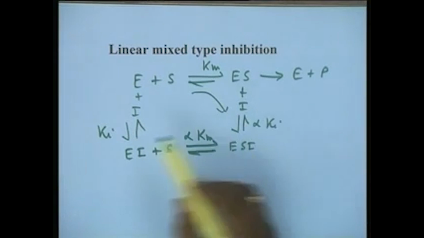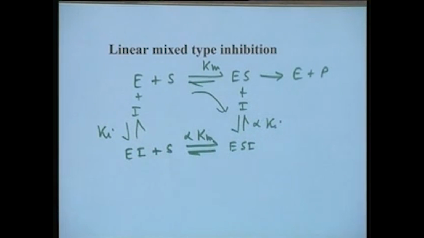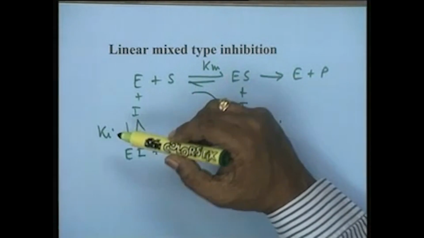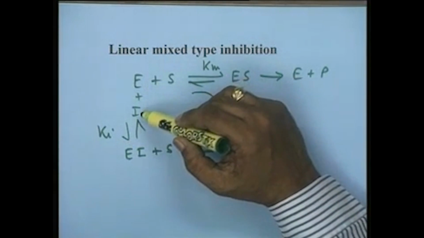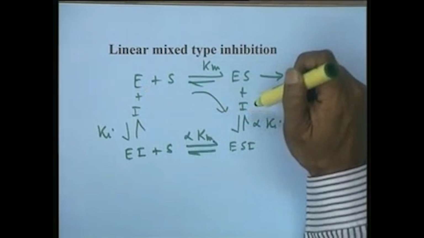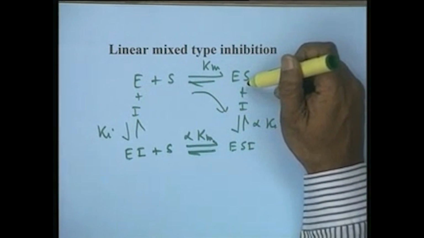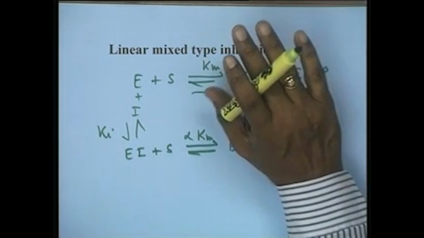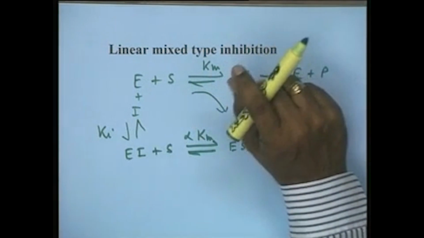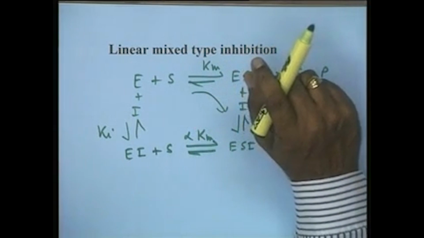And therefore, in most cases it so happens that the inhibition constant for binding of inhibitor to the free enzyme or binding of inhibitor to the enzyme substrate complex are not identical as assumed in the non-competitive inhibition, and therefore the presence of the inhibitor on the enzyme changes Km also by the same factor alpha Km.